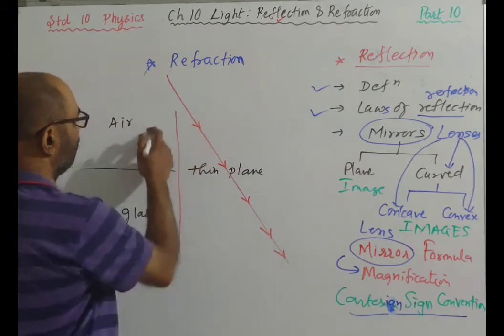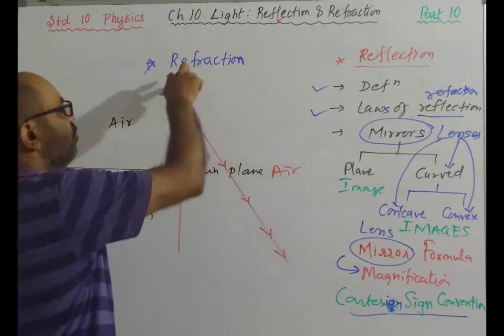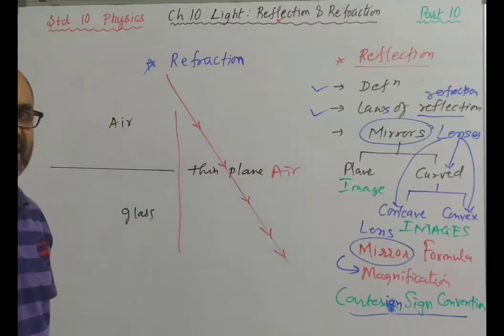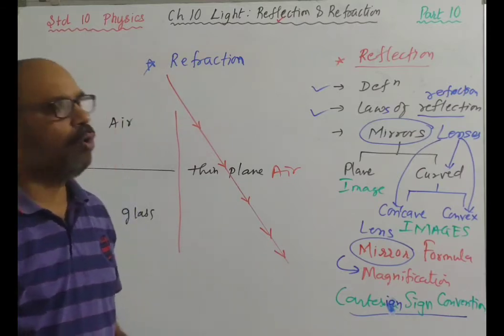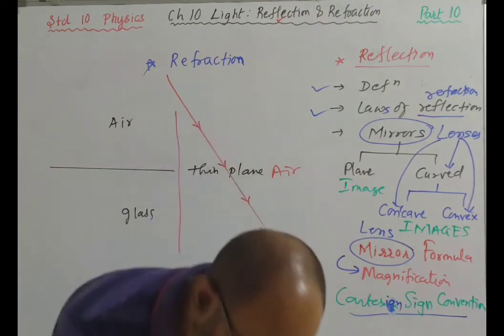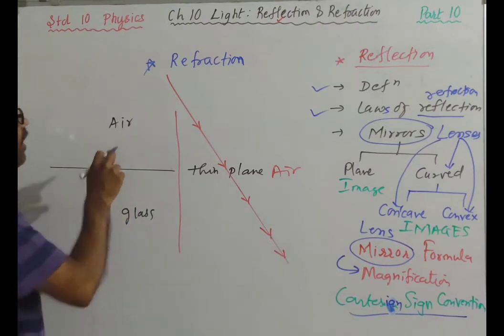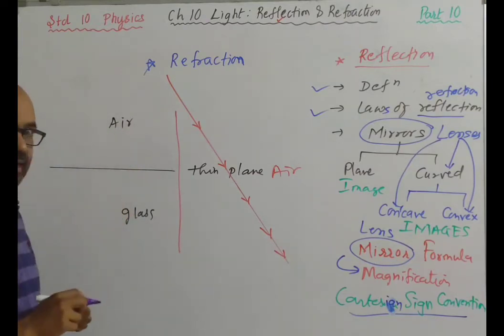The medium is only till here, the separation. Here this is air only. In air, you can see the light travels in a straight line, or only in glass, it will travel in a straight line. Children, this thin plane separates air and glass.